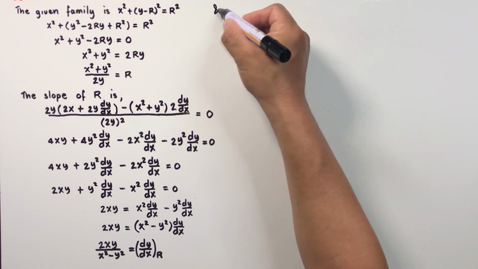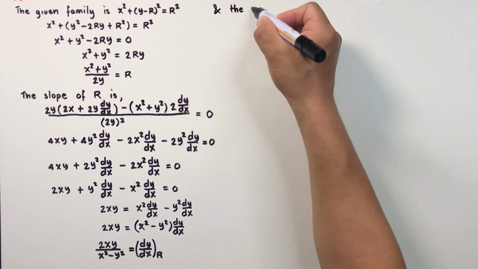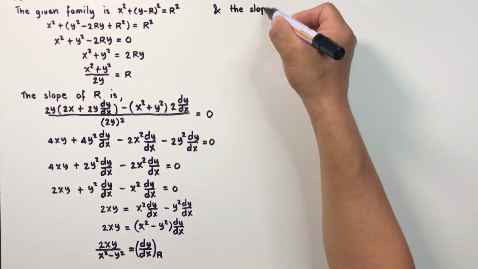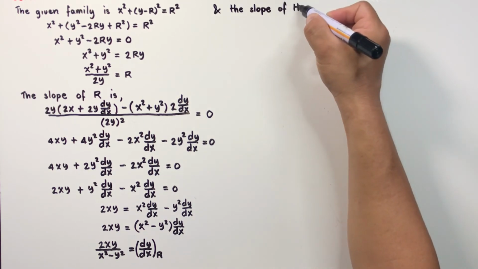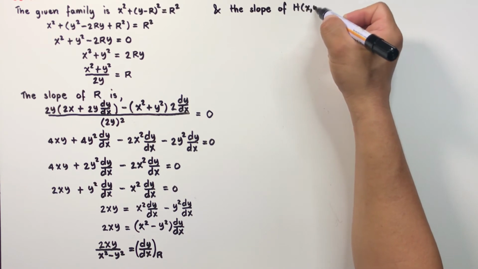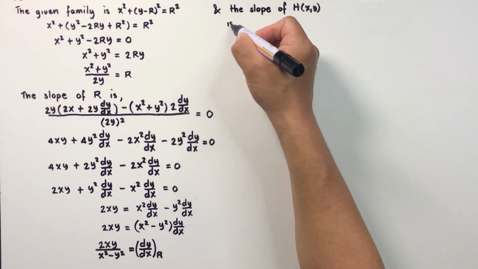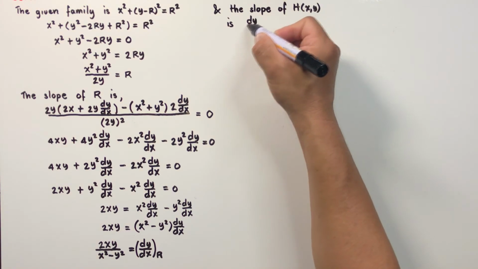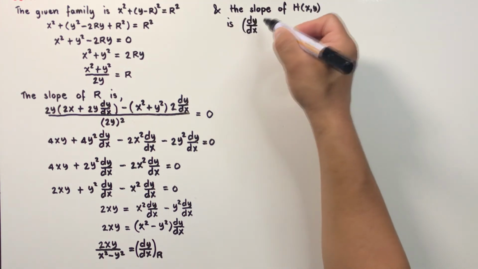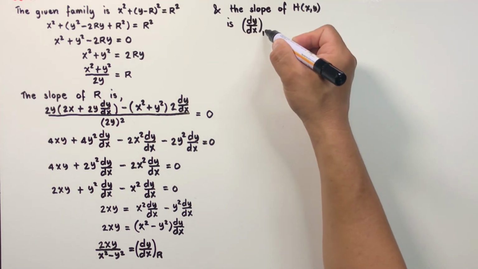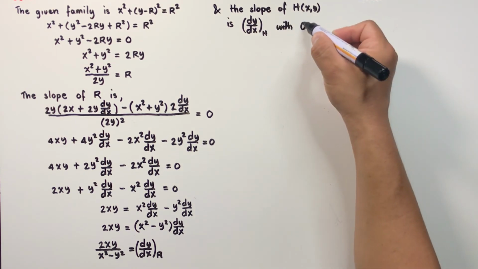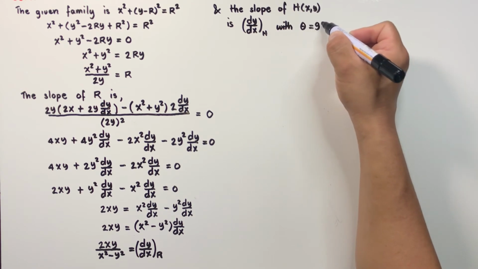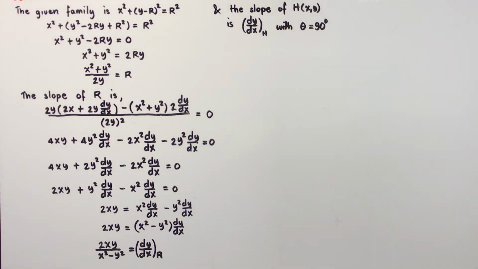And also, we can represent the slope of the unknown orthogonal trajectories, which we represent as h, as the derivative of y with respect to x for this unknown family of curves with an angle for each intersection of 90 degrees, because these are orthogonal trajectories.